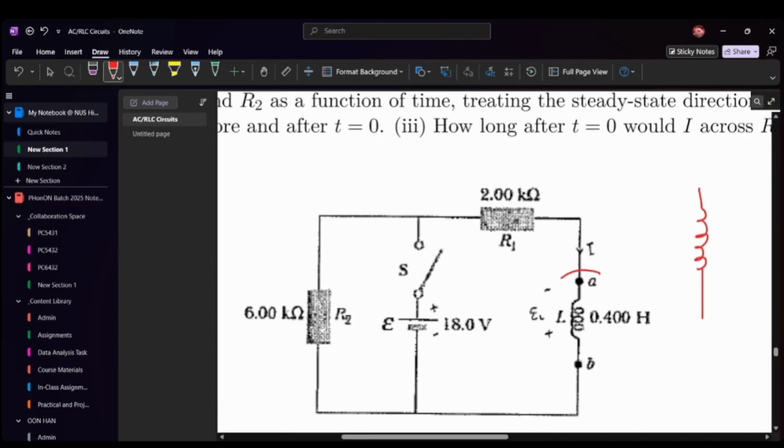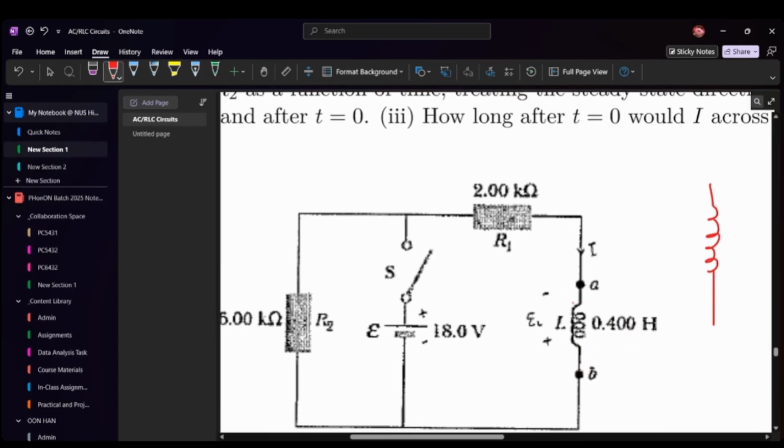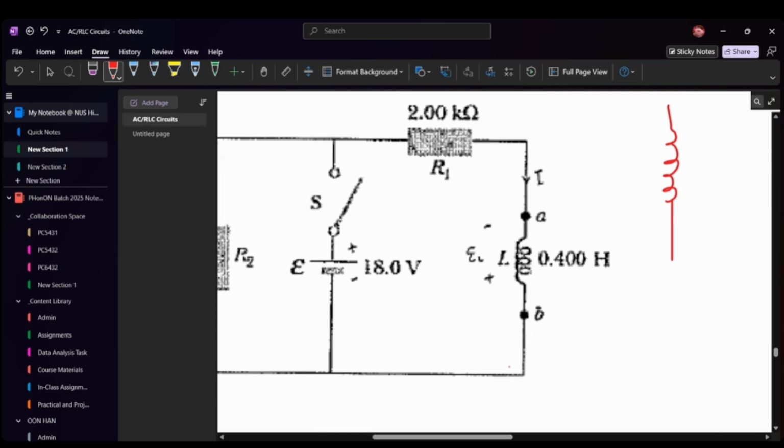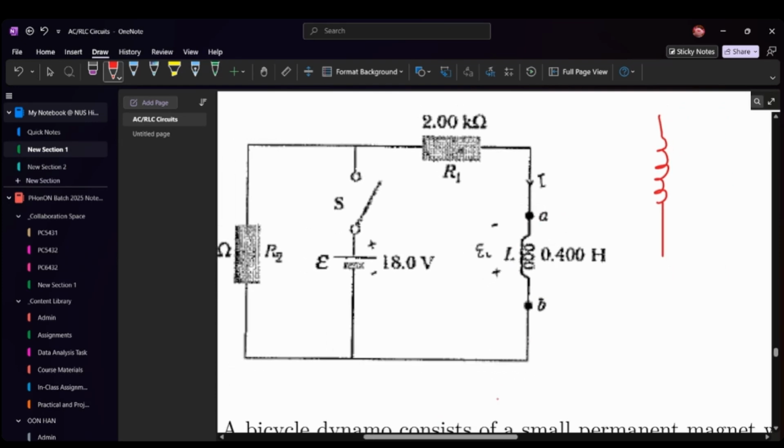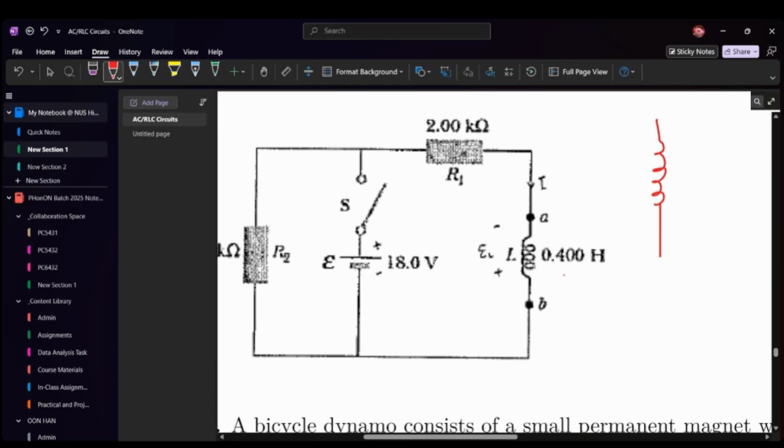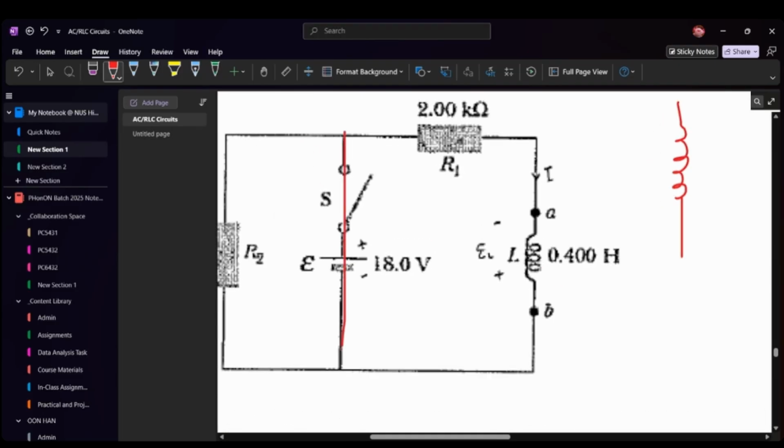So your initial voltage across here is going to be that of the voltage that was before, I think. When the switch is closed, your voltage across this thing is 0.